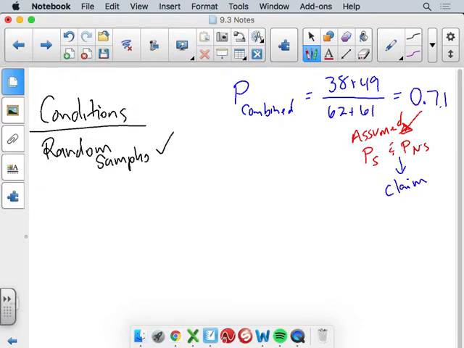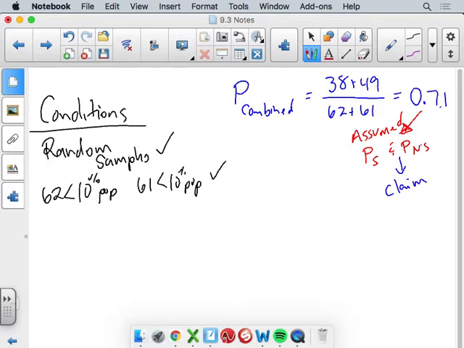Yes. Is 62 less than 10% of the population? Is 61 less than 10% of the population? Yes, there are so many kids in the country, in the world.